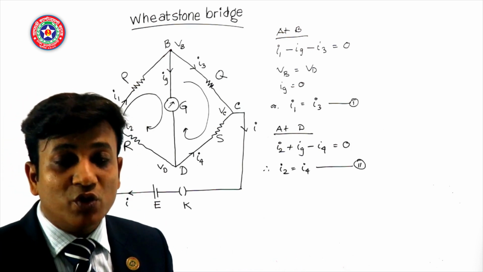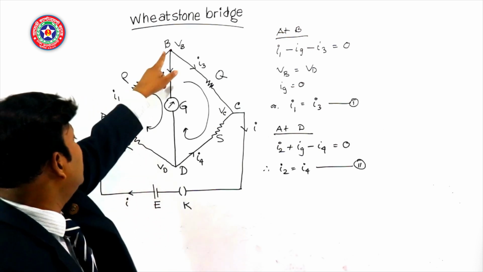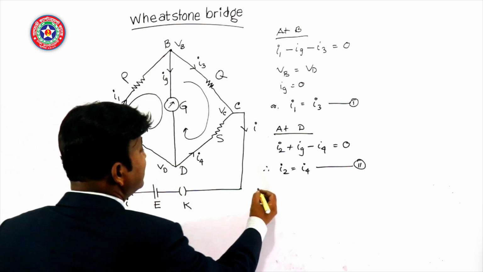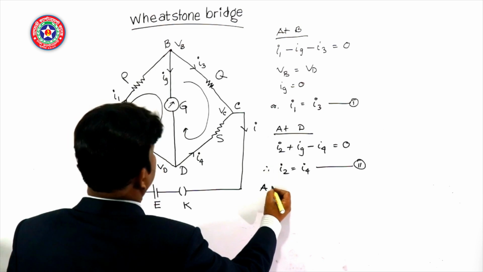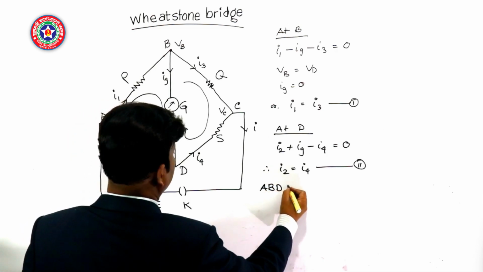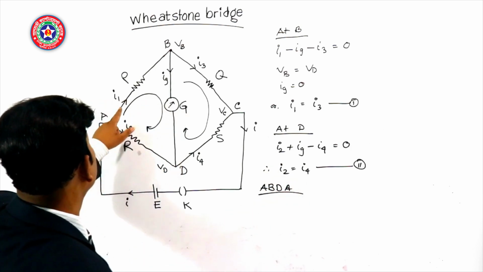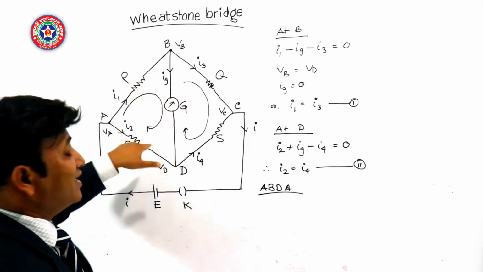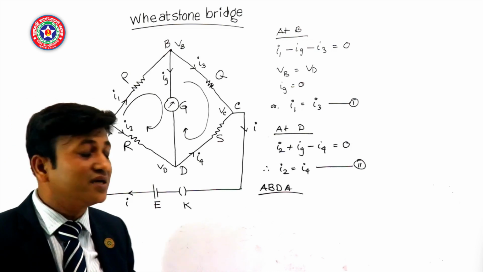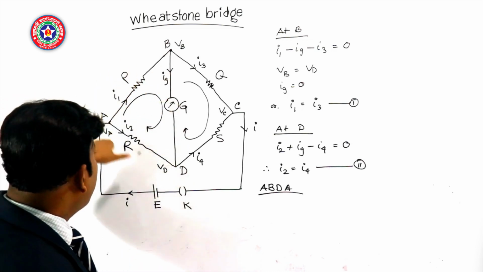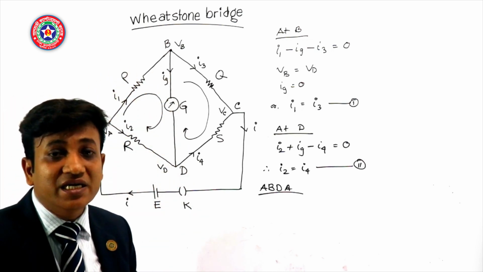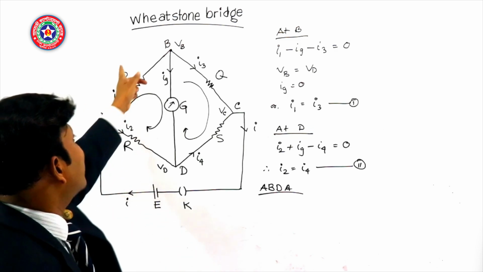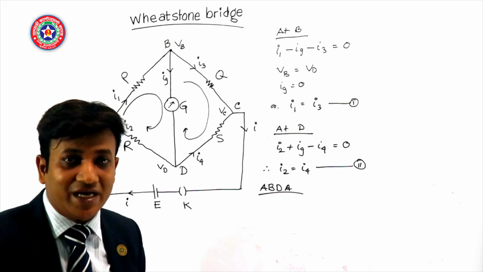Now we have to use Kirchhoff's loop law or voltage law. Here A, B, D, A is a closed loop. So using the loop law at A, B, D, A, we are considering the current flowing clockwise. We can also take the current flowing anti-clockwise; it is our wish. Now I am considering the direction of current as clockwise.